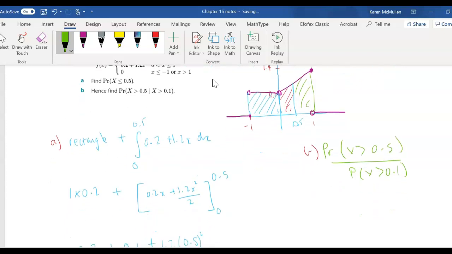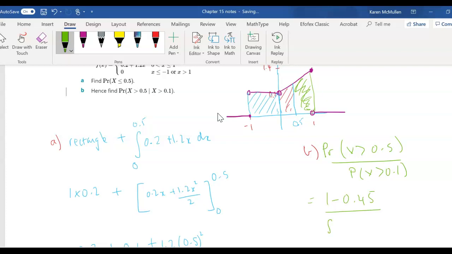Now, in the previous question, we found the area that was less than 0.5. So that means this green section is going to be 1 minus 0.45. And then x is greater than 0.1.